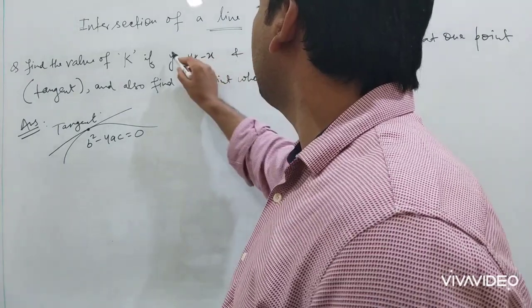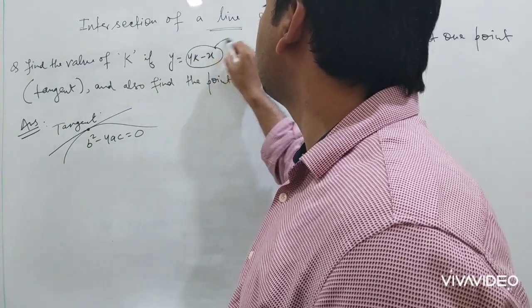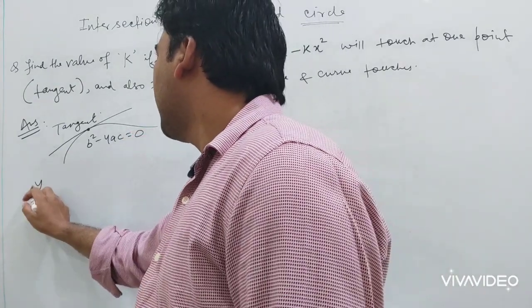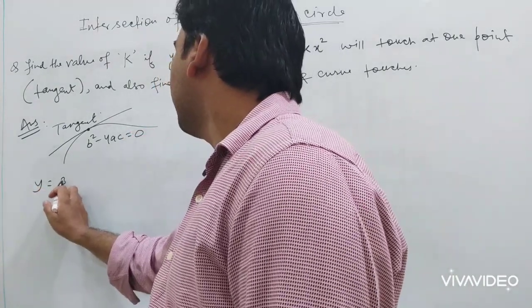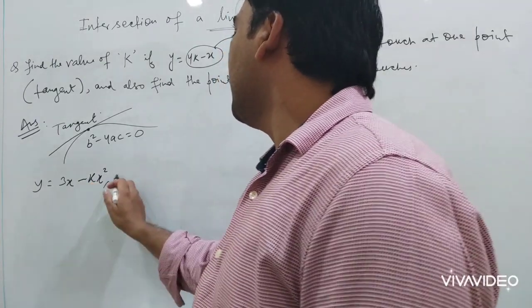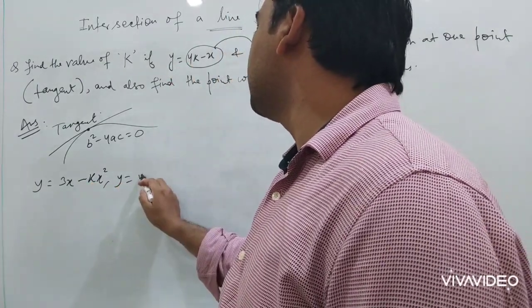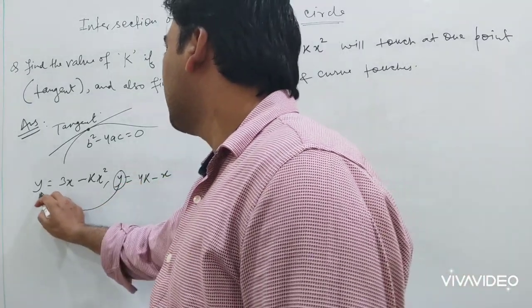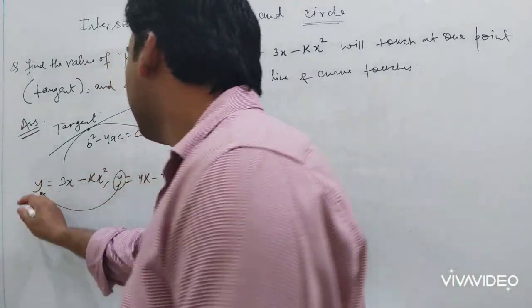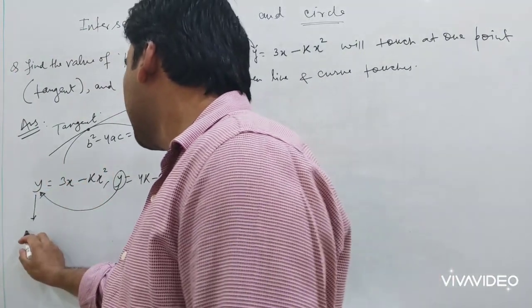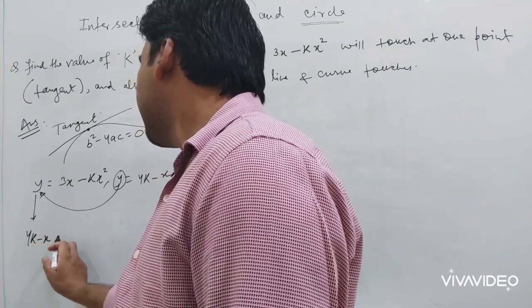So this y we can replace by this. So guys, okay, I will write y equals, we have 3x minus kx square, right? And another, we have y equals 4k minus x. So this y I can put here, and instead of this y I can write 4k minus x.